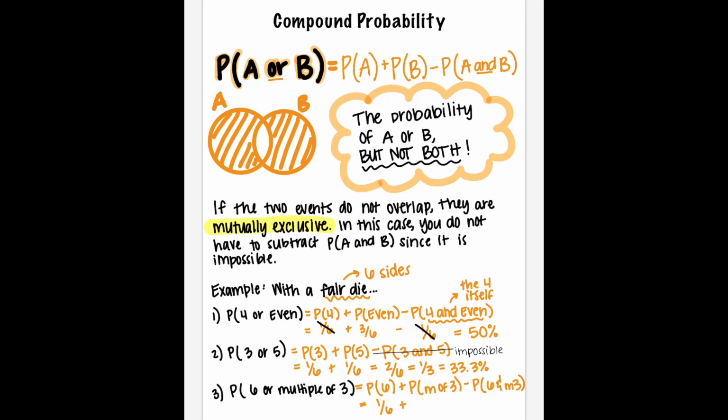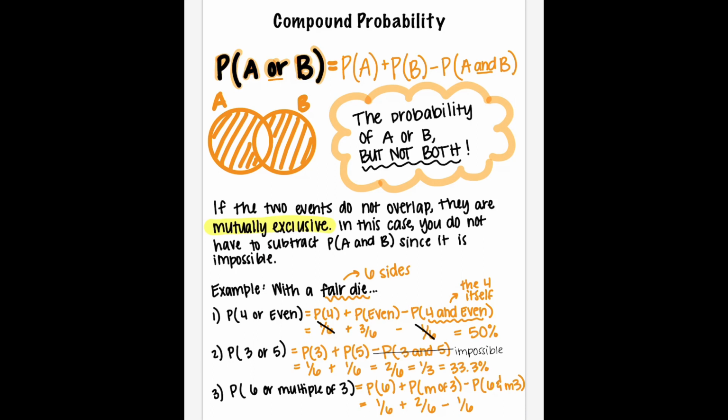Okay, so multiples of 3 would be 3 and 6. So there are 2 possibilities out of the 6 sides that have multiples of 3. And then what's the probability that you have a 6 and a multiple of 3? Okay, so 6 is a multiple of 3. So that's a 1 in 6 chance. Right?